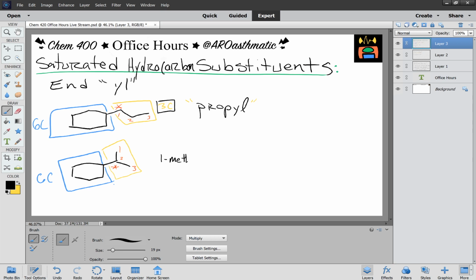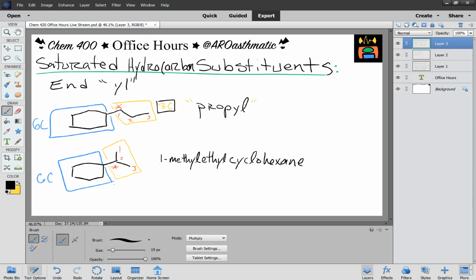The IUPAC name here would be 1-methylethyl, close parentheses, so this gets its own unique parentheses, 1-methylethyl cyclohexane. Actually, we don't need the parentheses here. Actually, we do need the parentheses.